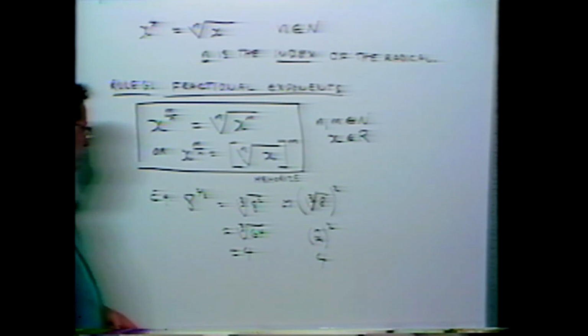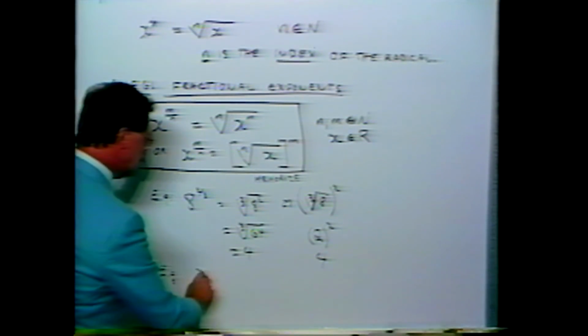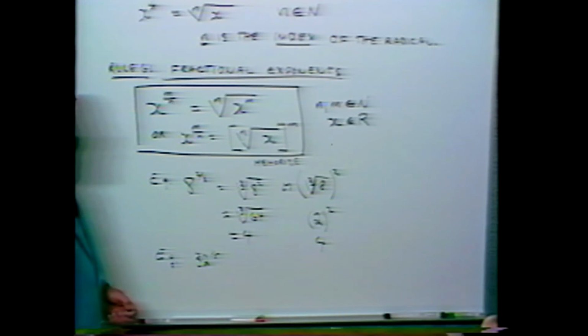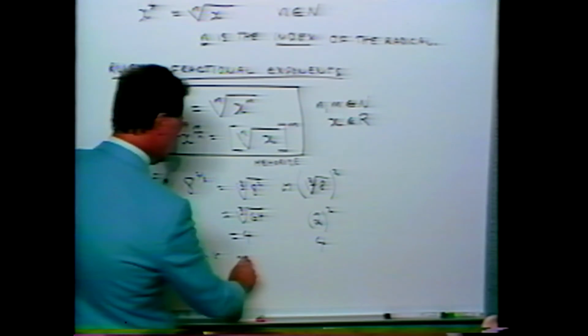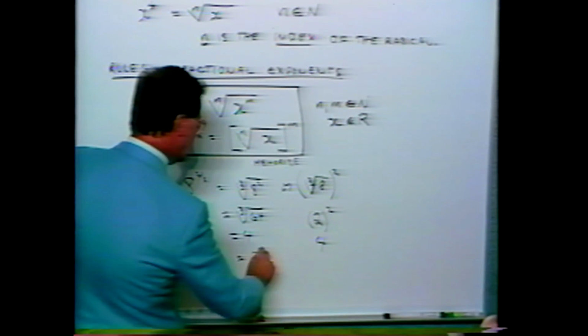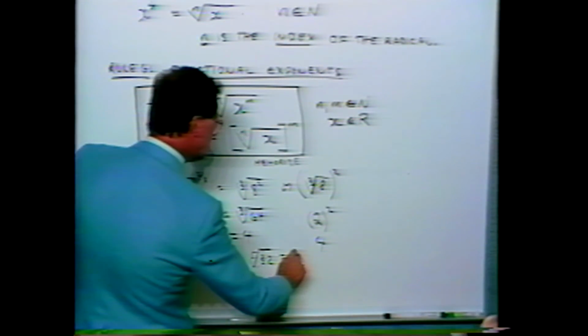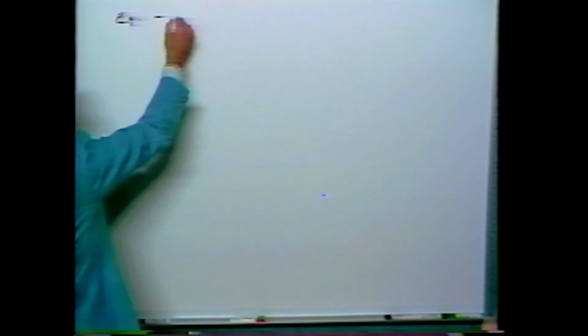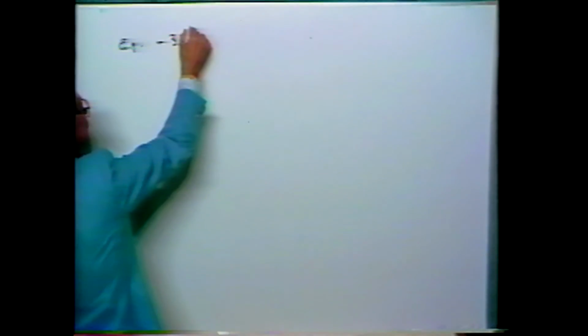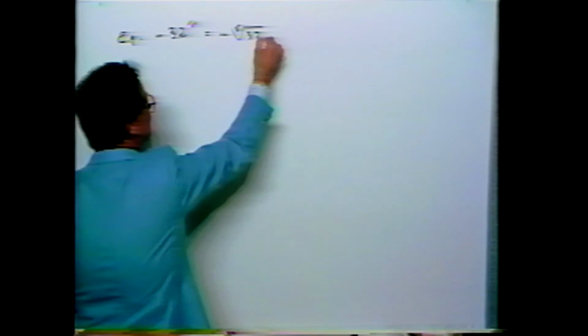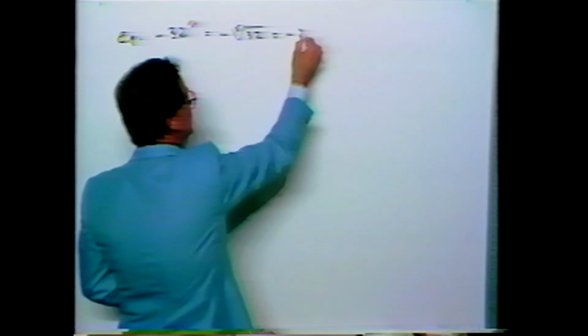Here are some more examples. 32 to the 1/5 is equal to the 5th root of 32, and that is equal to 2. Another example, negative 32 to the 1/5 is equal to negative the 5th root of 32, and that's equal to negative 2.